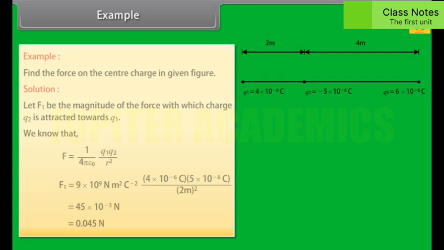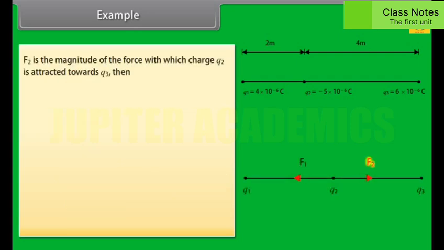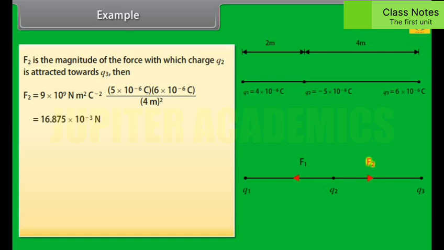0.045 Newton. F2 is the magnitude of the force with which charge Q2 is attracted towards Q3. Put the values in the above equation, we get F2 is equal to 16.875 into 10 raised to the power minus 3 Newton, which is equal to 0.0169 Newton.